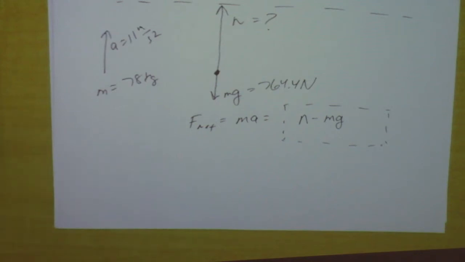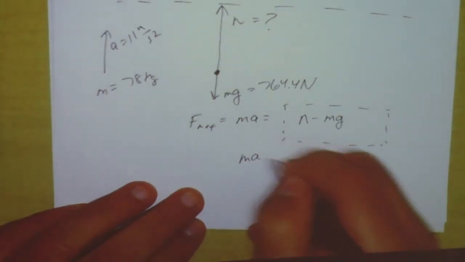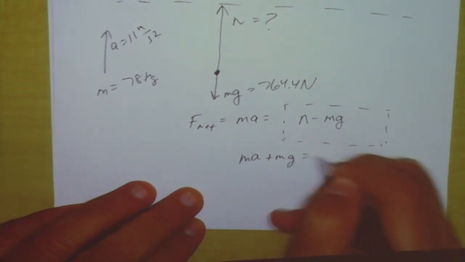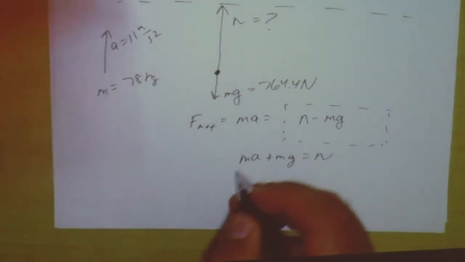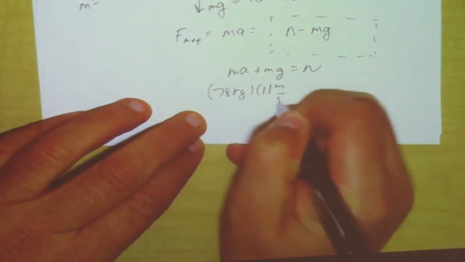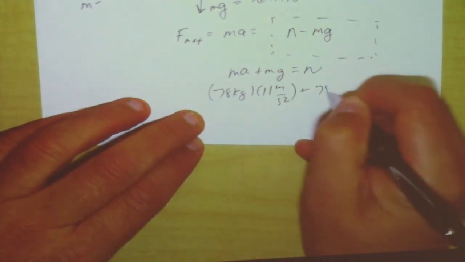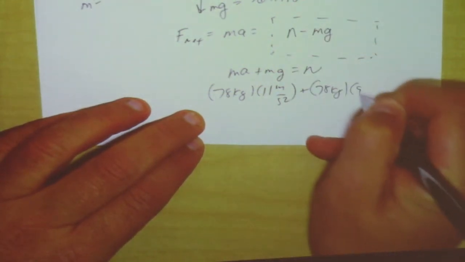Now I've got to do a little bit of algebra. ma plus mg is the normal force. Yeah, probably 9 out of 10. And then now we've got to actually put the numbers in. So 78 kilograms times 11 plus 78 kilograms times 9.8.